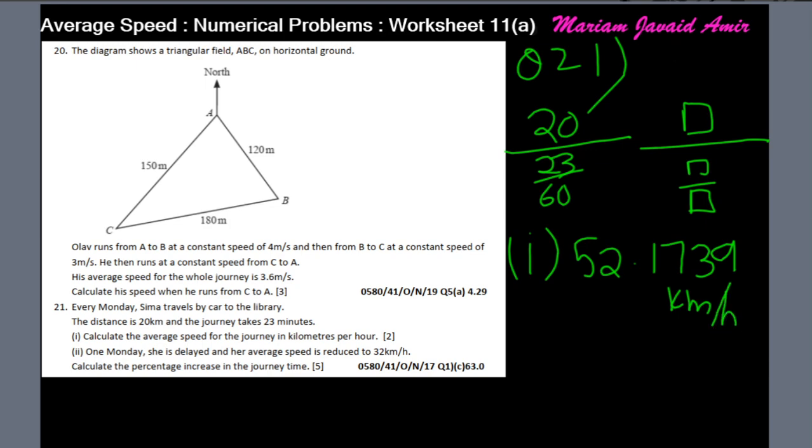I think I've copied some wrong answer over here. I'll fix that. Okay, 52.2 kilometers per hour is the answer for the first part. And then one Monday she is delayed and her average speed is reduced by 32 kilometers per hour. Calculate the percentage increase in the journey time.